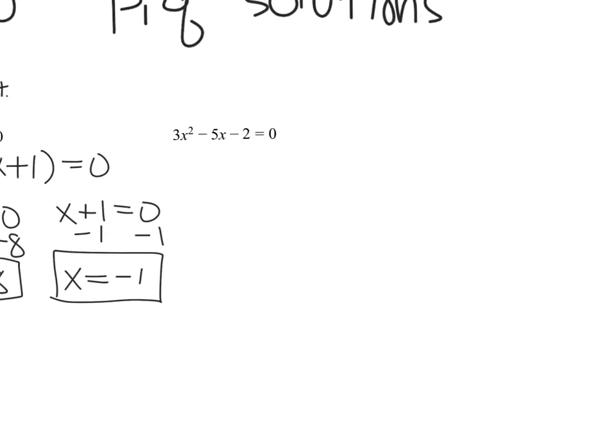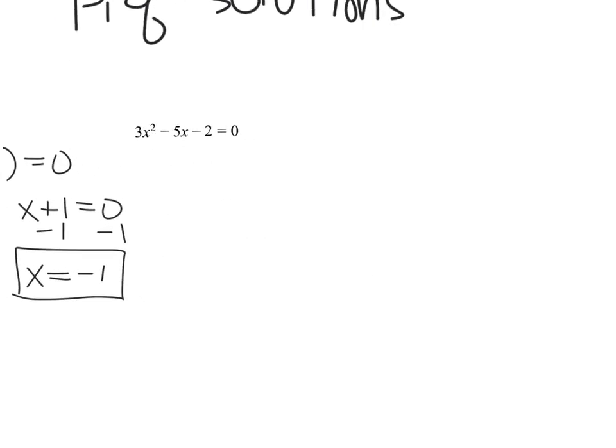So the last example we're going to look at is 3x squared minus 5x minus 2 equals 0. And there's a couple different ways you can factor when the leading coefficient is a value other than 1. I'm going to show you just one of those methods. So remember, we want to find the factors of a times c that sum to b.